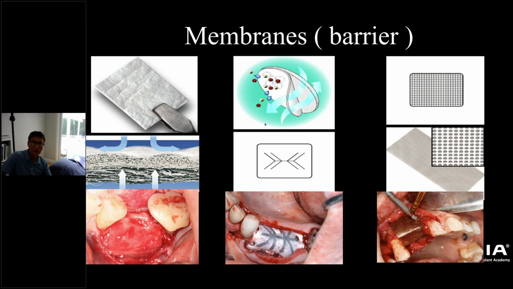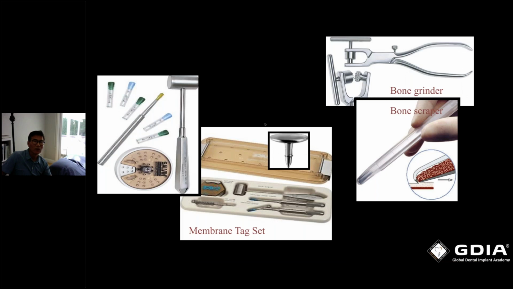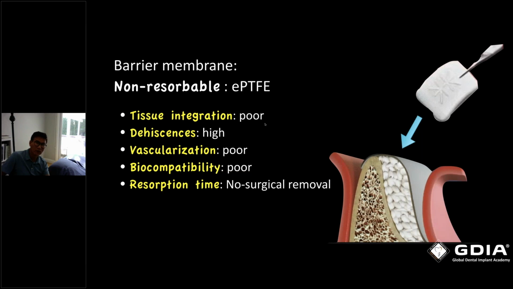To fix it, there are a lot of different tacks, and bone grinder, scraper. Those tools are all what we've been using for almost the last 30 years. That's the kind of standard for the GBR armamentarium. I don't mean that I exclude the membrane.